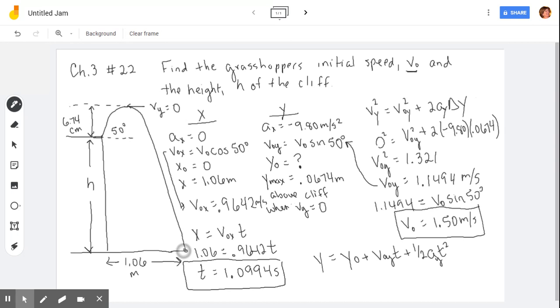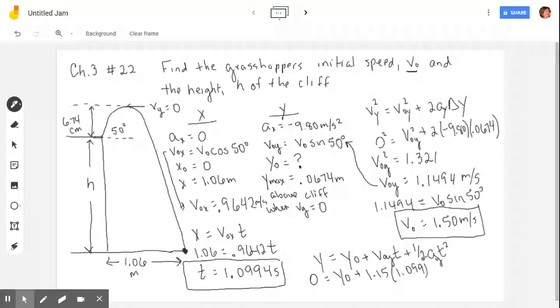That's this point right here. So 0, that's my final height, y0, plus v0y, which was 1.1494. I'm going to just use 1.15. The time was 1.099.